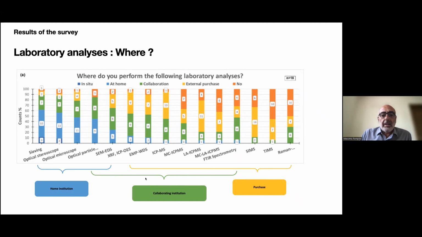Sometimes you can have a collaboration with another institution, which can be academia or another research institution, and sometimes people also try to buy analyses, in particular for laser ICP-MS or bulk rock, which is easy, and there are several commercial companies that do the analysis in a short time with payment.